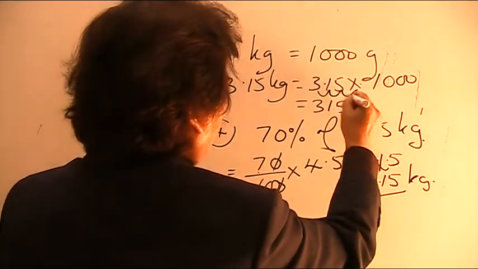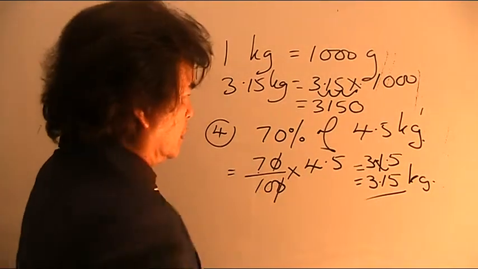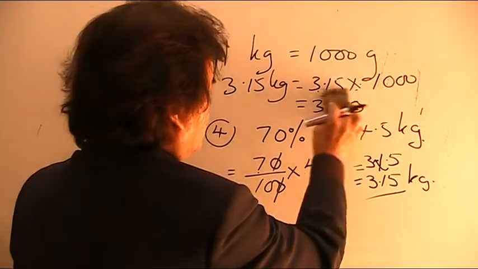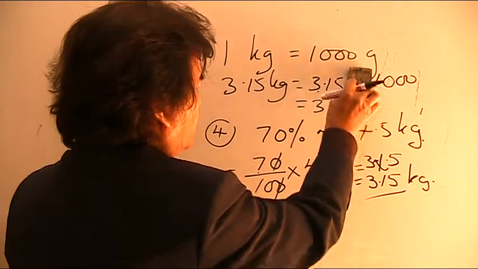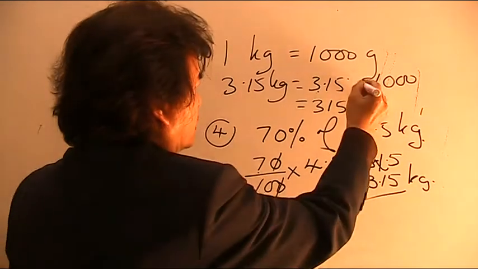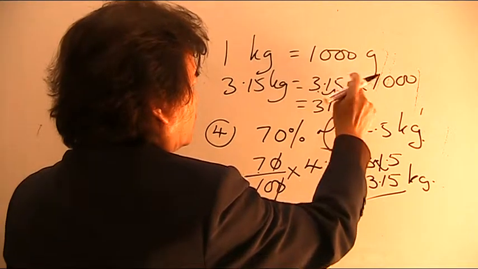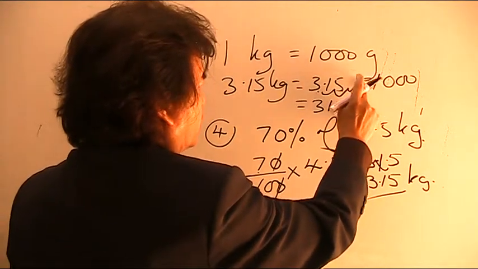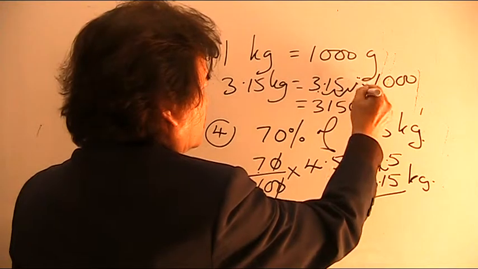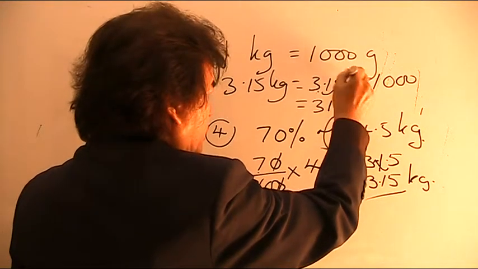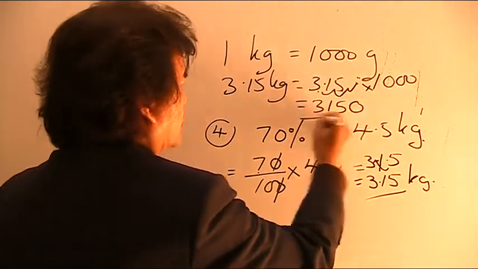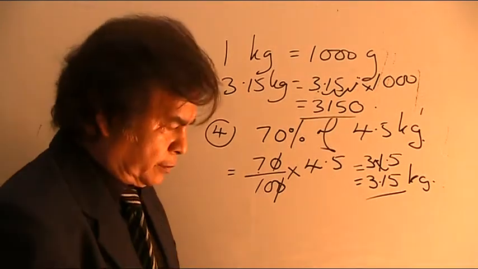Okay. So it's how you shift the decimal place. It's important. Alright. That will be 1, 2, 3. Here, the point here. Therefore, you will put a 0 here. Okay. That's why I put a 0 here. 3,150. Okay.